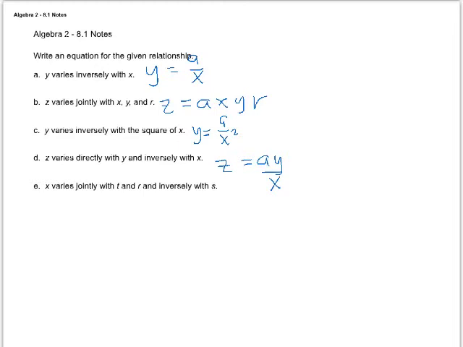And lastly, x varies jointly with t and r, so a, my constant of variation, t and r, and inversely with s, like this. So it just takes a little practice. If you can do these problems right here, these are about as tricky as it's going to get with your variation. If you can set these up every time, and it just takes some practice, then variation problems will get a lot easier.